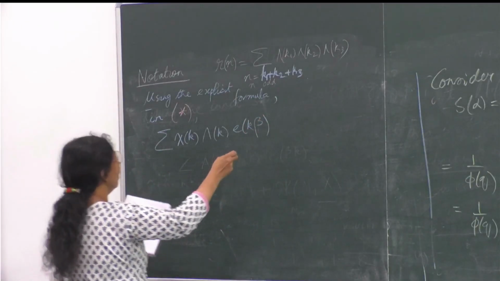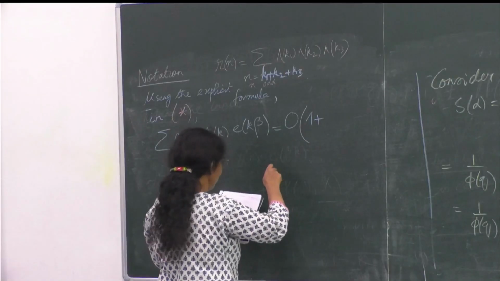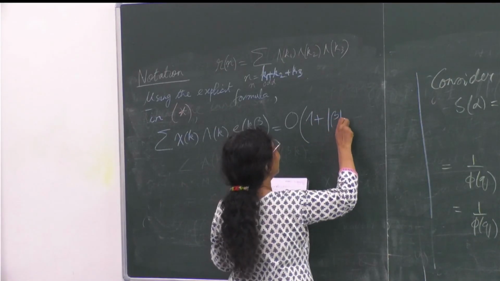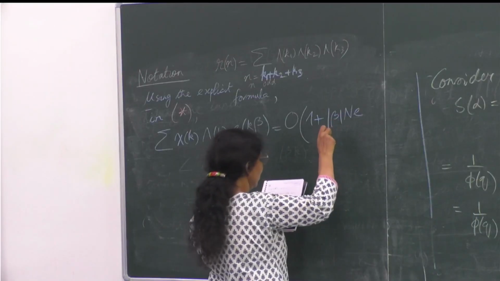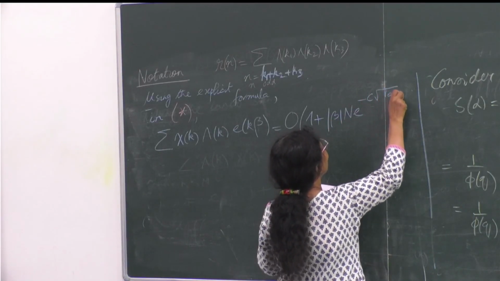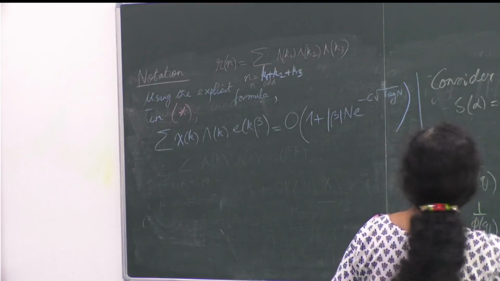So bound it now, and you get big O of 1 plus beta n exponential minus c square root of log n. This is my bound, which comes from there.